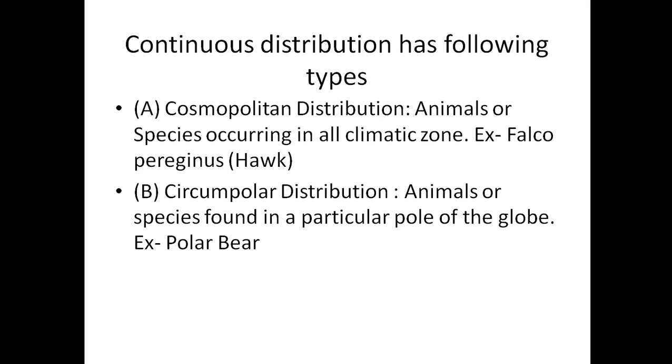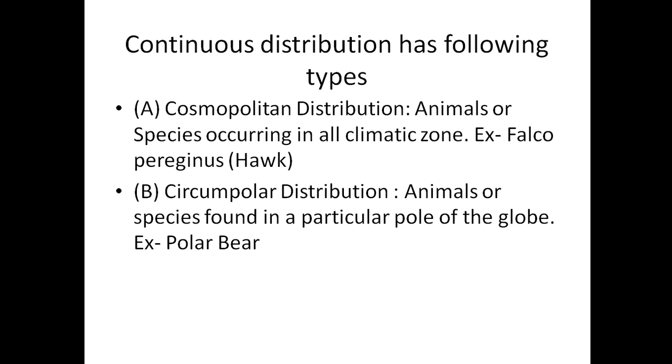In this continuous distribution, again we have two types. Cosmopolitan distribution, where those animals are found in all climatic zones. If you take the hawk, the bird, it's a cosmopolitan distribution. Every climatic zone you can expect them.